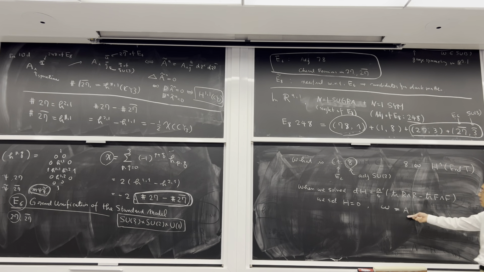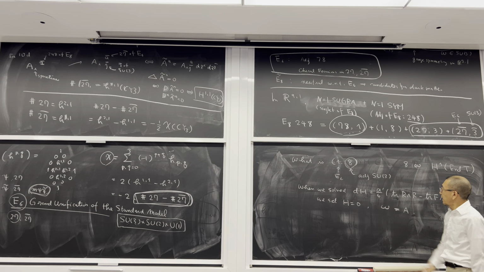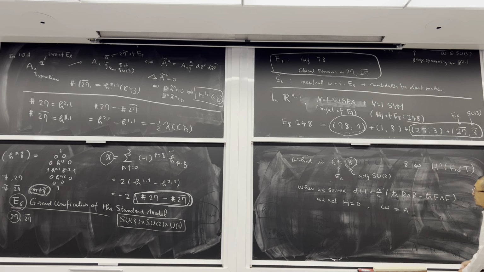Of course, this solves this equation. Left hand side is equal to 0 and right hand side is equal to 0, so this is solved. But this was a special class of solution. This is a nice class of solution because on the worldsheet in the NSR formalism, it has supersymmetry for both left mover and right mover of the worldsheet.